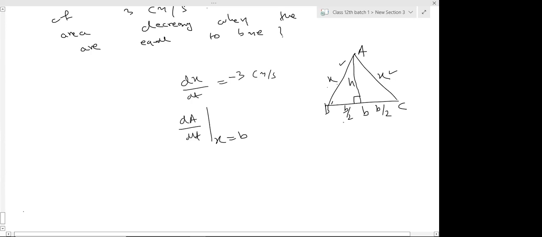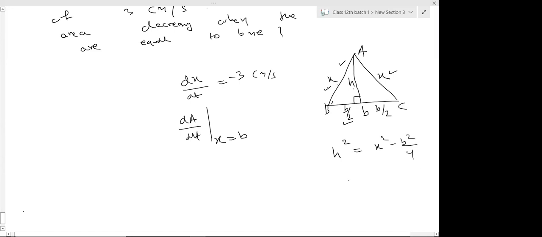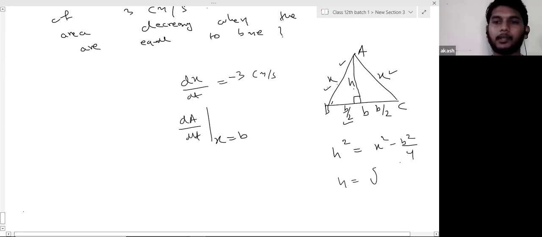Right. So if this is b by 2, this is x, this is h, then we can write h square equals x square minus b square by 4. Yes or no? Yes, sir. So h equals under root of x square minus b square upon 4. We have got height. So area we can write: half into base of this triangle, which is b, into height, which is under root 4x square minus b square upon 2.